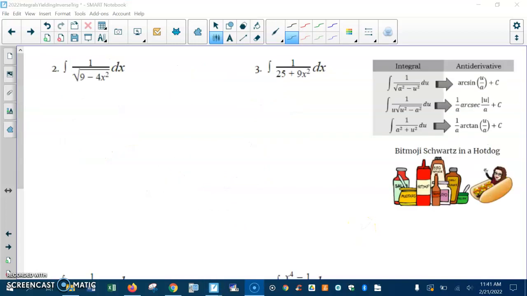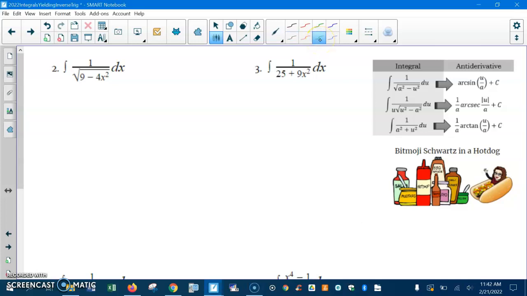So for example 2, again, I want to see if I can answer any of these integral questions that we've asked ourselves. Can a constant be pulled out in front? Can I factor? Does my integral have a function inside of a function? Etc. And I see that the only one that I can confidently answer is that my integral does, again, have 2 perfect squares, one a constant and one a variable.